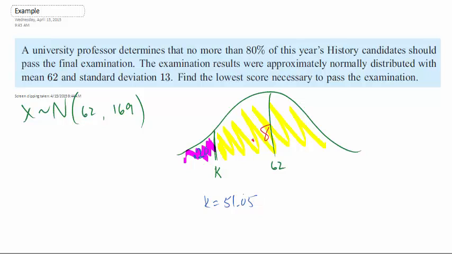Using our inverse normal, if we go to 51, we're going to assume that the test scores have to be whole numbers. But if we go to 51 and give that as our answer, we would be slightly bigger than 80% passing. So what we would do is we would round to 52 as the lowest passing score.